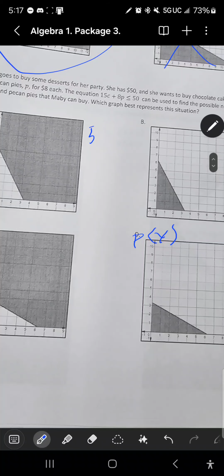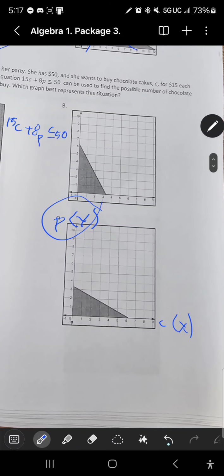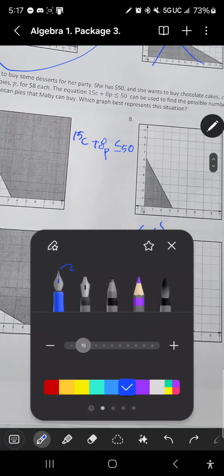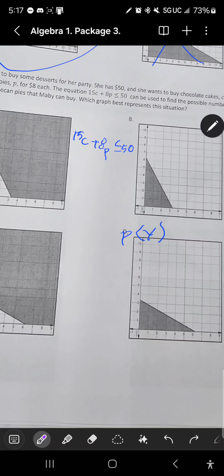So I have 15C plus 8P greater than or equal to 50. And I'm going to say that P is our Y value, so I'm going to keep it on the left side. And I'm going to subtract 15C from each side.